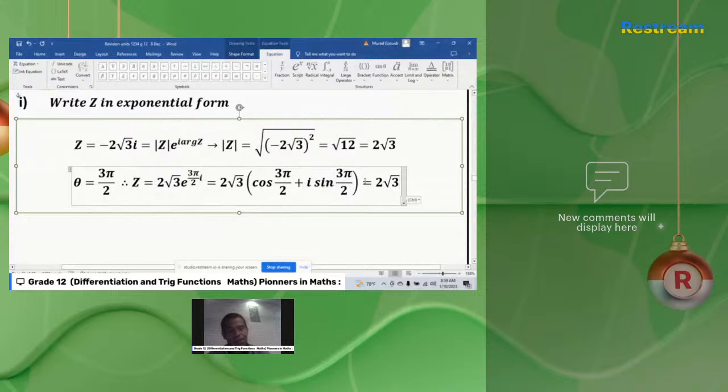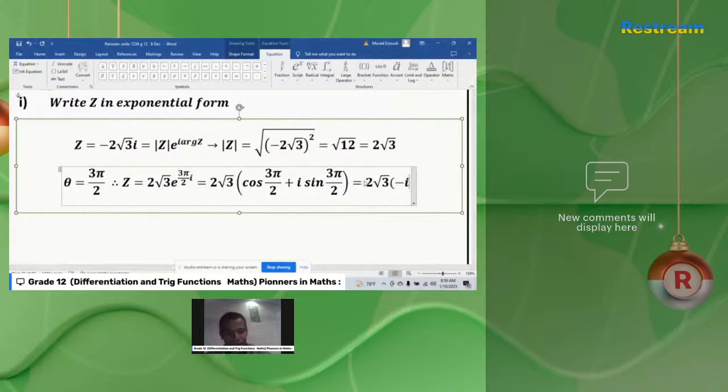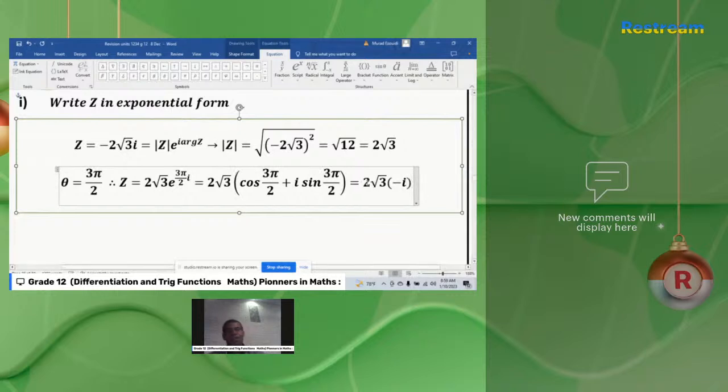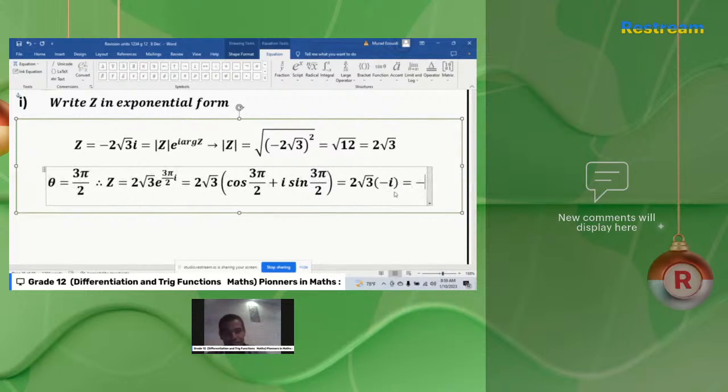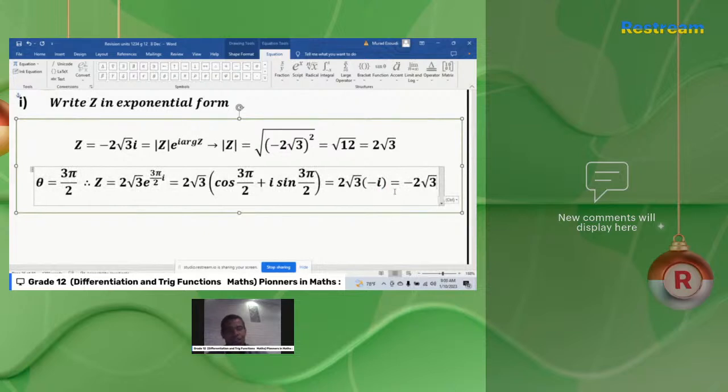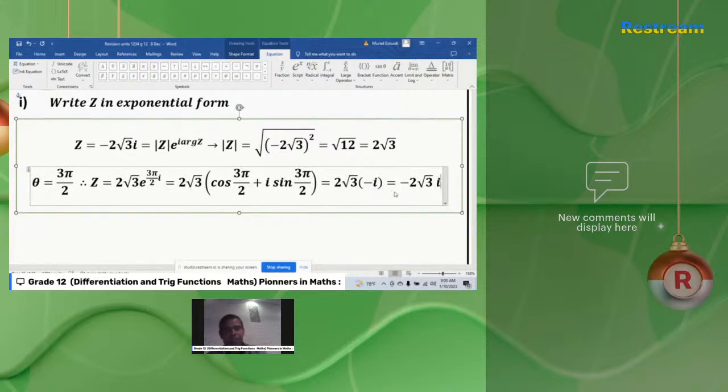Multiply by minus i, simply because sine 3 pi over 2 is negative 1. Therefore, this is equal to negative 2 root of 3 i.